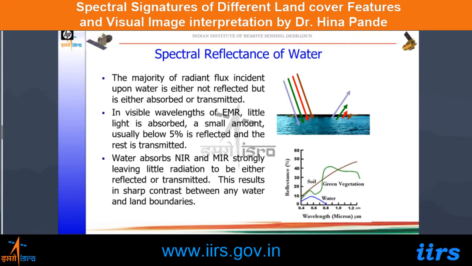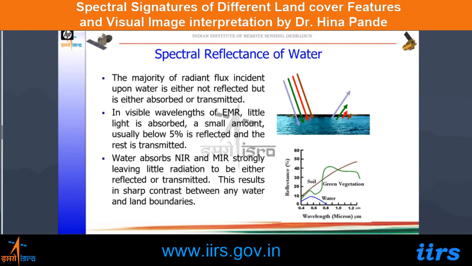Then liquid water content. So if the snow starts melting, water content is going to increase, and therefore this will reduce reflectance. When we see some images, you will see that snow reflects a large amount of energy.